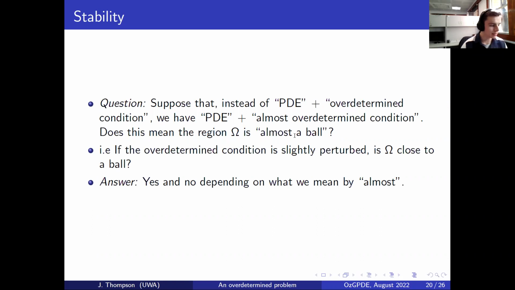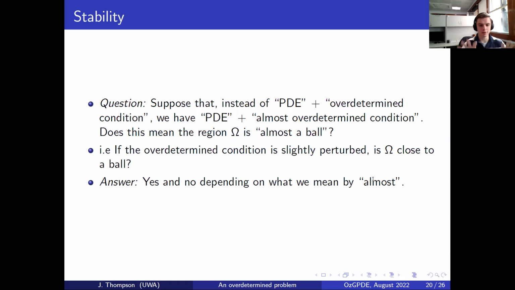So the answer in general depends on what we mean by almost, which is probably not surprising. In certain situations, the answer is yes. In certain situations, the answer is no, depending on what we mean by almost. Something that can go wrong, for example, is you can have kind of bubbling phenomena.